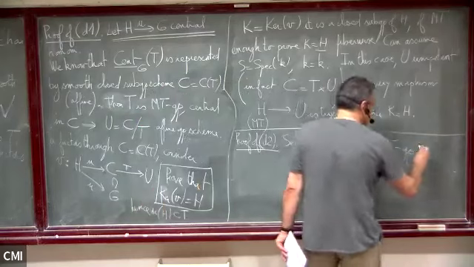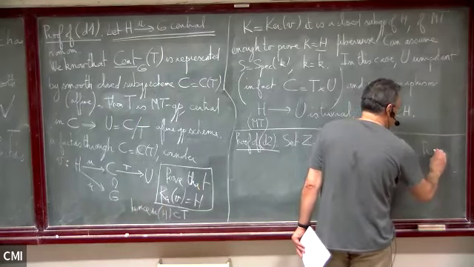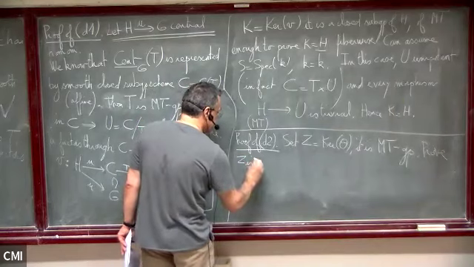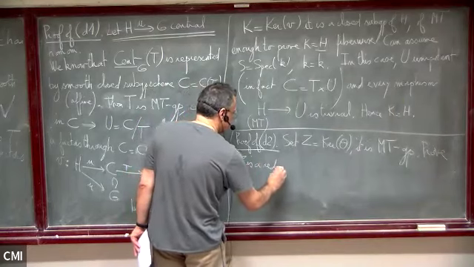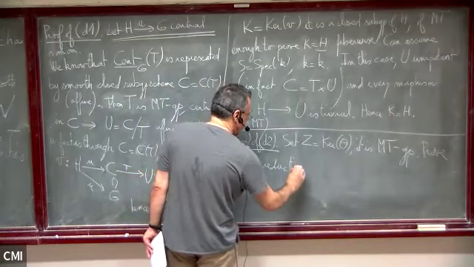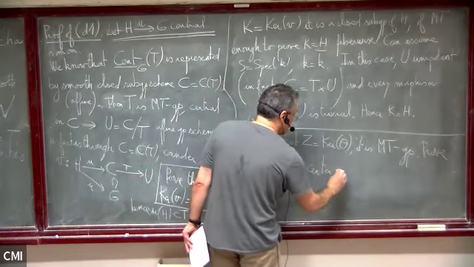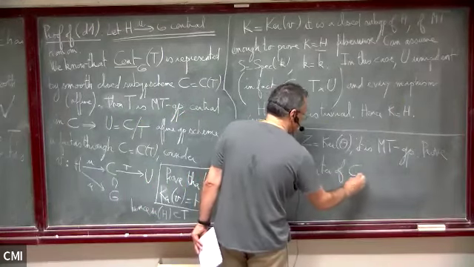Okay, so let us prove that Z is the reductive center, the center of G.